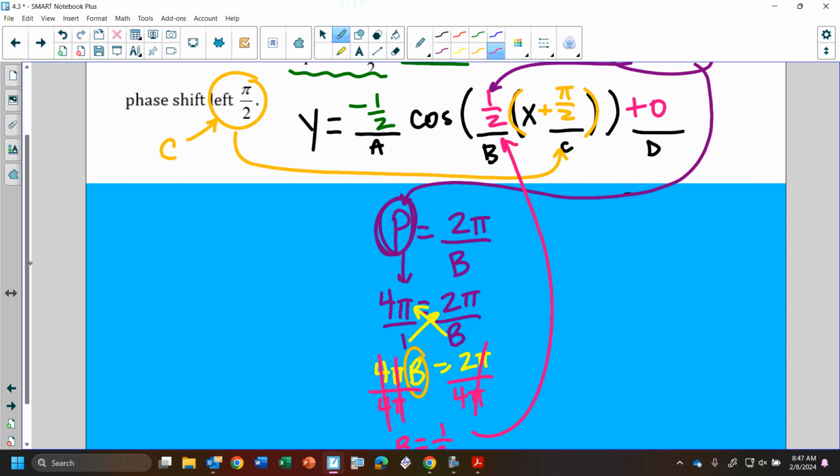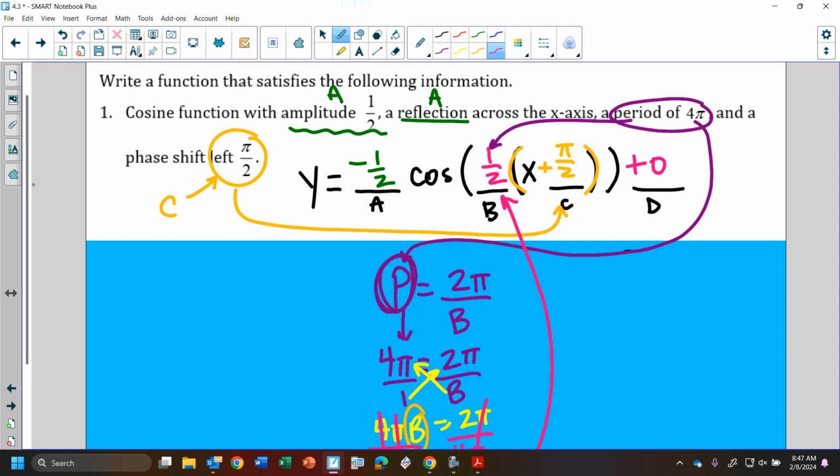Is that going to be a horizontal stretch or a horizontal compression? Horizontal stretch. Stretch by how much? By 2. So the period, instead of being a normal 2 pi, is going to get stretched as double to be 4 pi. Wait, is that what the problem said, that the period is 4 pi? Do you see how it connects? Take those like 10 seconds and think, did that make sense?